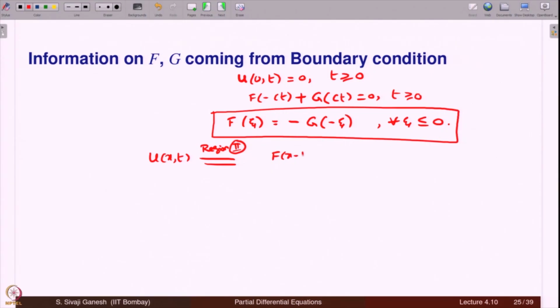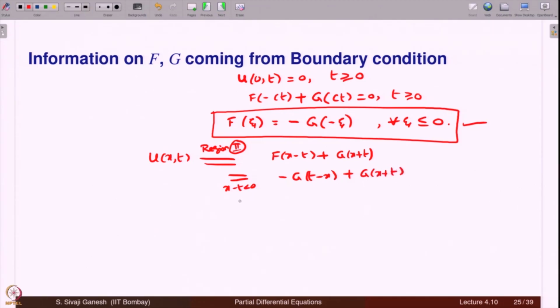this is the original formula f of x minus t plus g of x plus t, but now that becomes, because x minus t is negative, using this relation, minus g of t minus x plus g of x plus t.